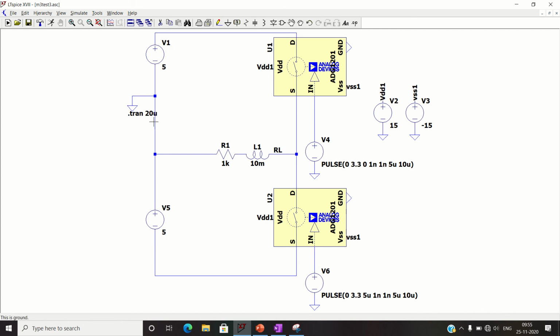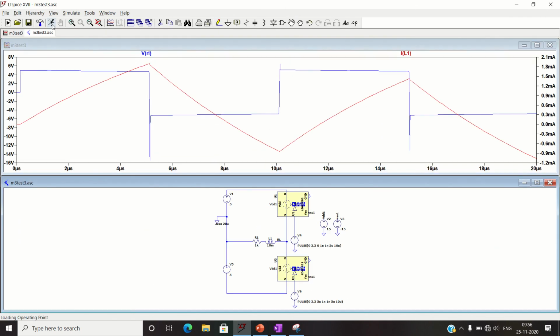Now the simulation is going to run for 20 microseconds. The same changes are done here. The pulse will have an on time of 5 microseconds and a total time of 10 microseconds. So if you simulate this, you will get a waveform like this.